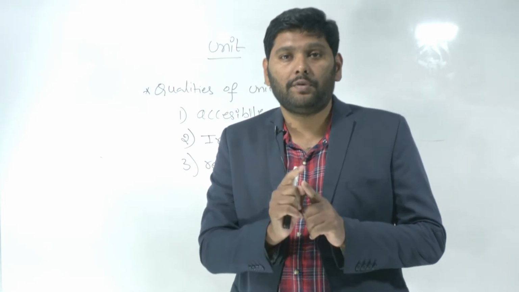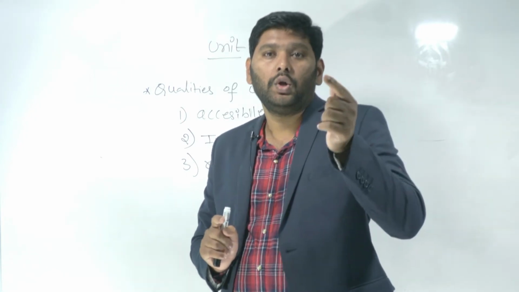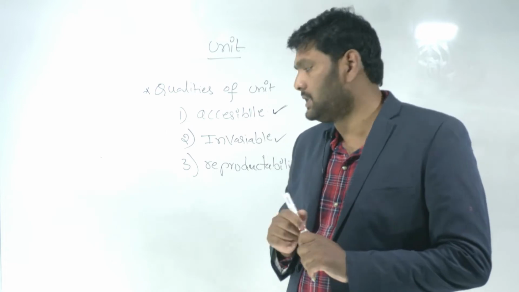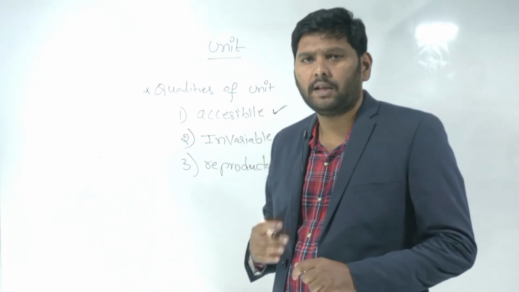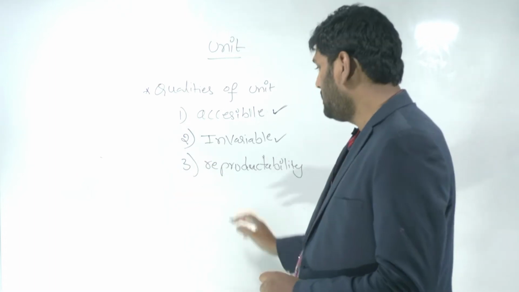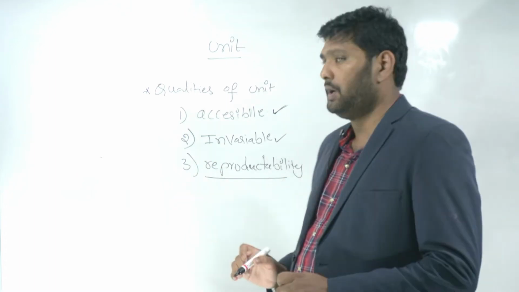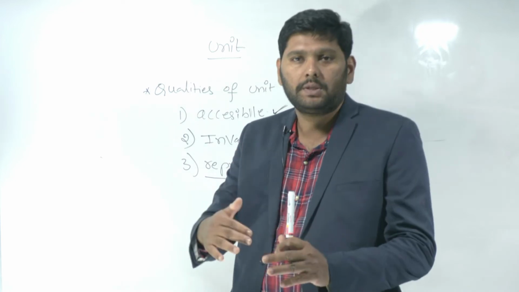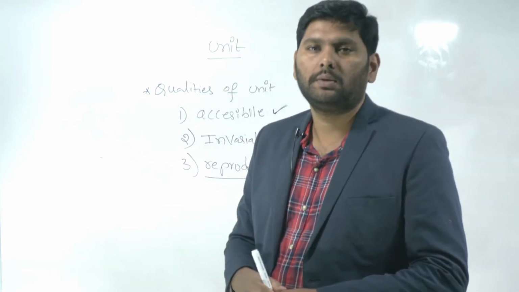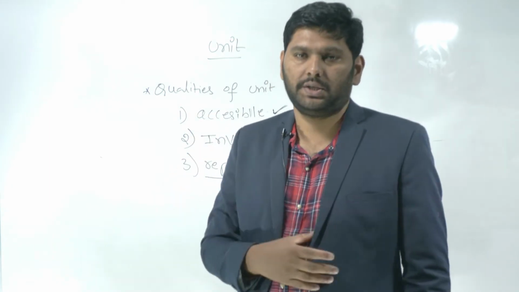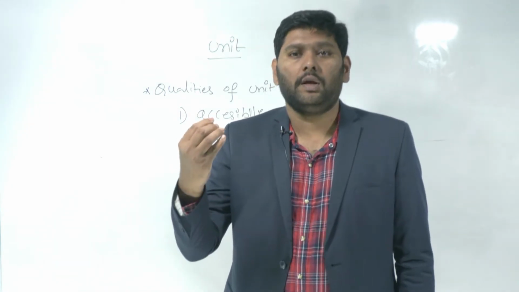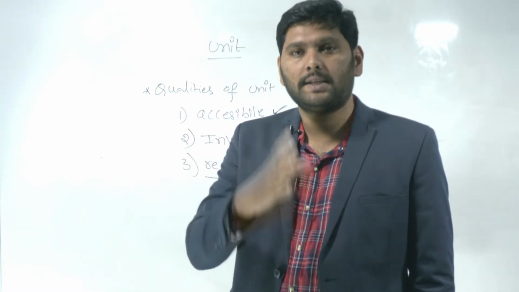That kind of standard value you must consider as a unit. Next, reproducibility means we can use it repeatedly many times. When you use it repeatedly, the value cannot change. That kind of value you must consider as a unit.